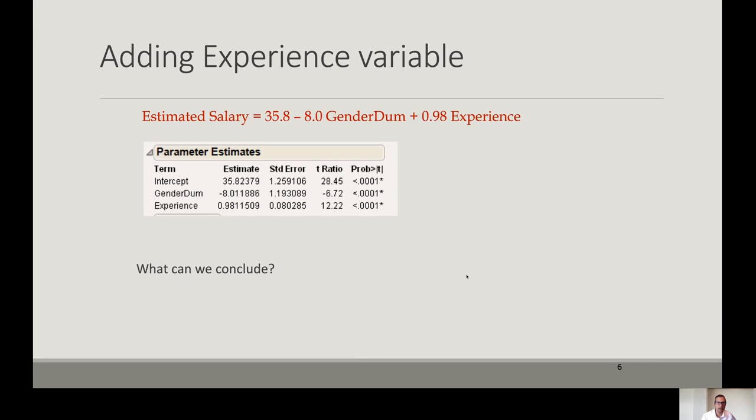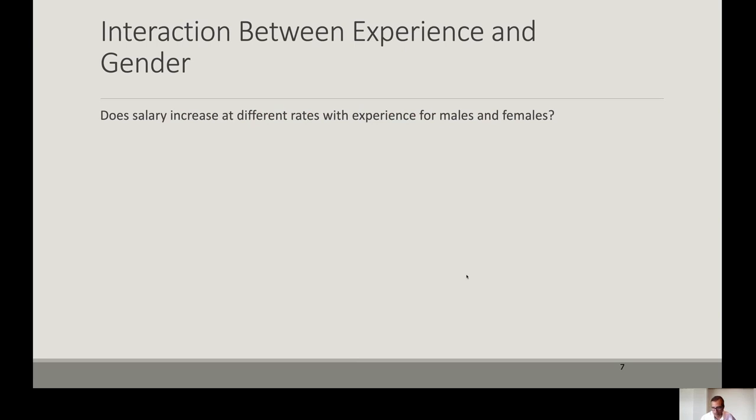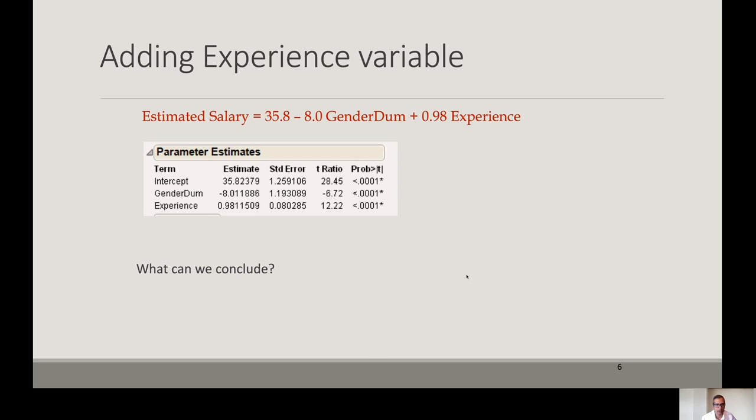Okay. Now let's ask a follow-on question. And this follow-on question is, that yes, we can see that experience matters, and more experience leads to more income, more salary. This is actually clear from the parameter estimates table on the slide here.